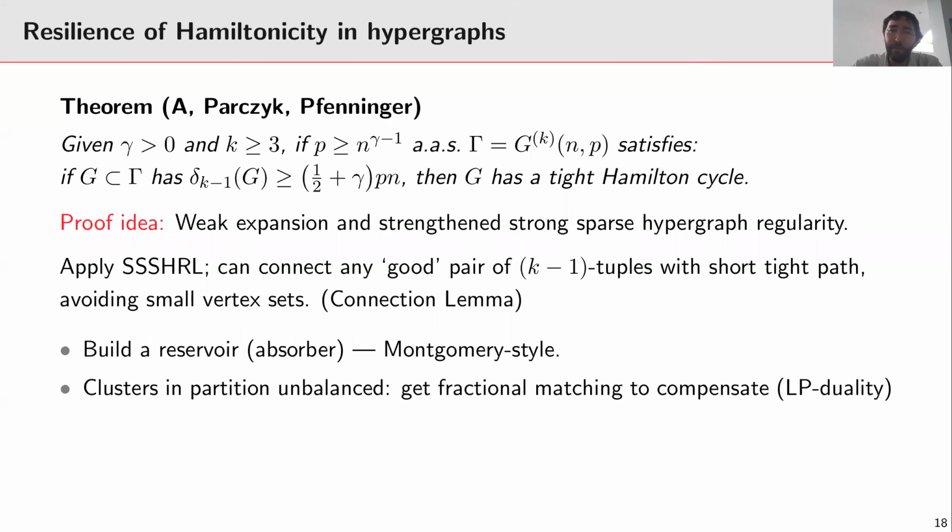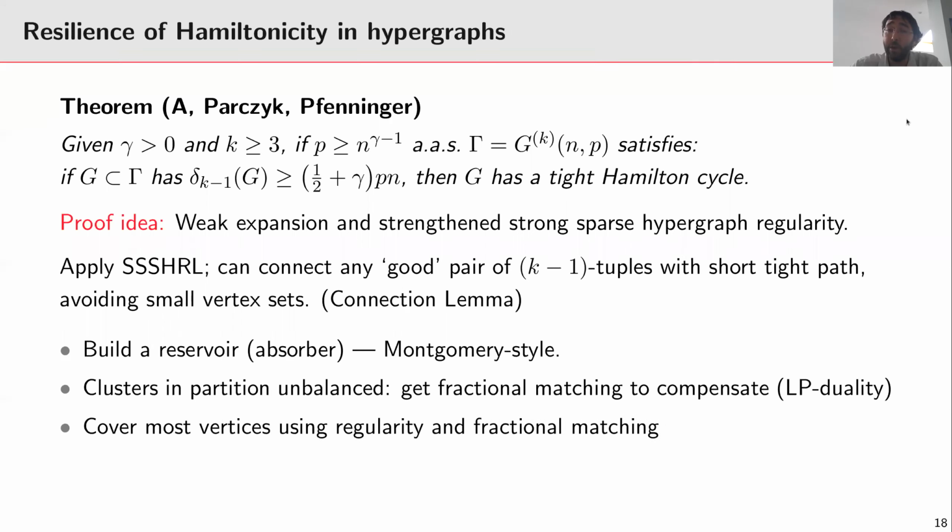Once you build the reservoir, you find that the hypergraph regularity partition has become unbalanced. You don't have much control where the reservoir goes. But this you can compensate for by using a fractional matching and LP duality. You can extend the path, which is your reservoir structure, to something covering most vertices using this weak expansion and strengthened regularity guided by the fractional matching.